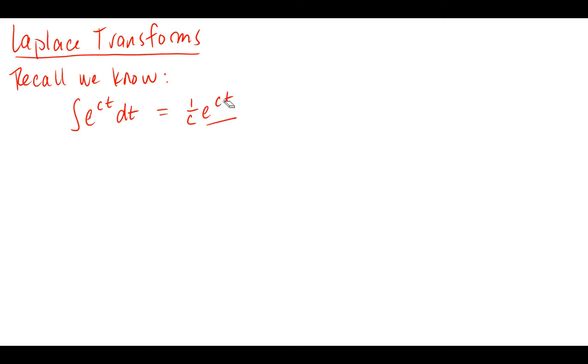So somebody looked at this and thought, if we could exploit the properties of e, what this seems to be saying is that with integration, e is mostly stable. e turns into e. However, if you just got e to the t goes to e to the t, that's pretty limited in what you can do. What this is saying is that this exponent, this c here, is transformed, if you want to use the word we're heading towards, into a coefficient.